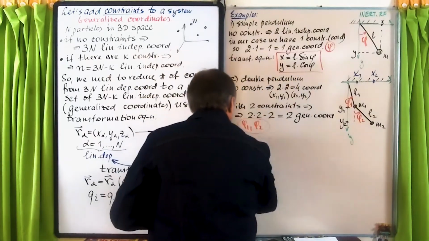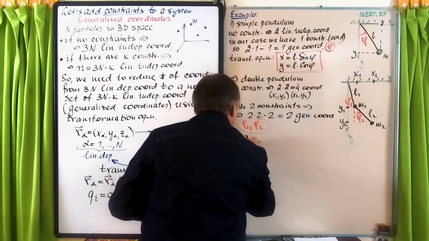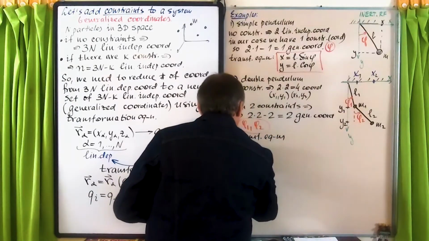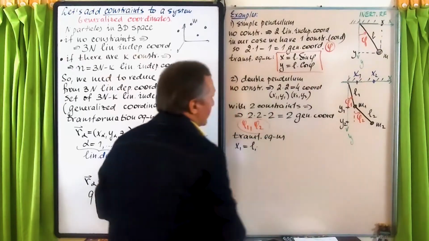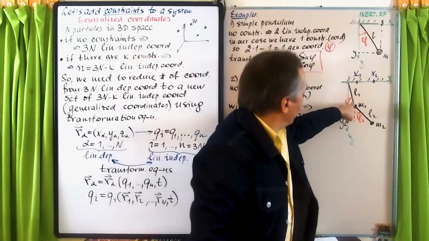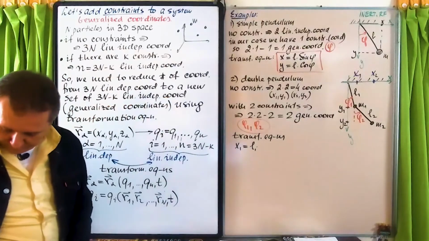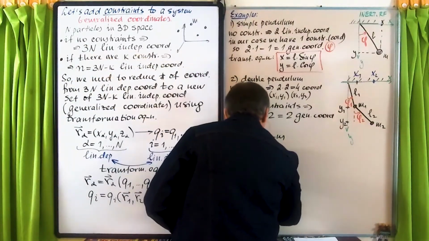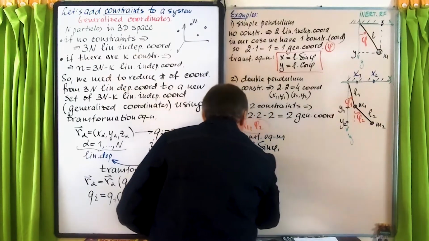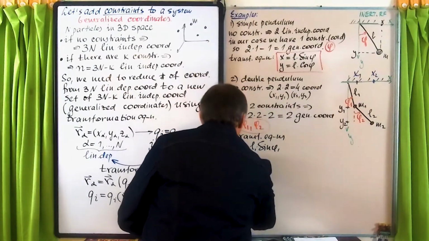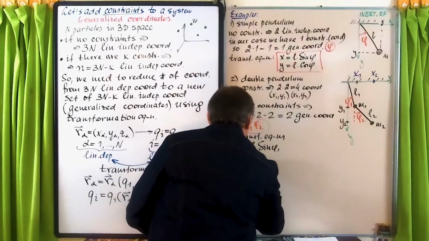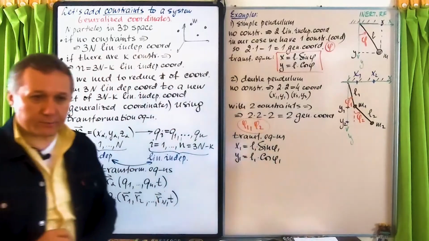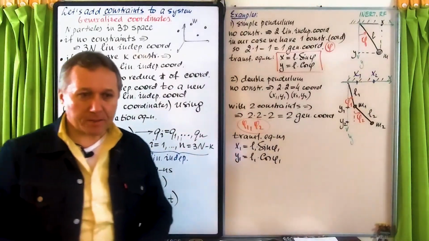So now transformation equations. x1 equals L1 times sine of phi 1, and let me write y1 first. y1 equals L1 cosine phi 1. So that's the first set of transformation equations.